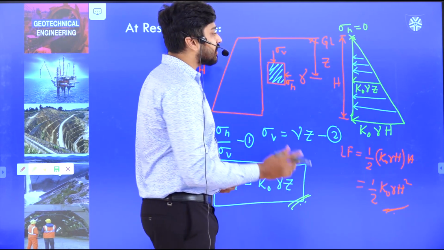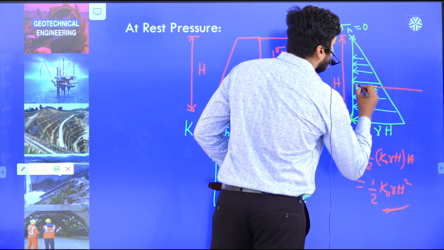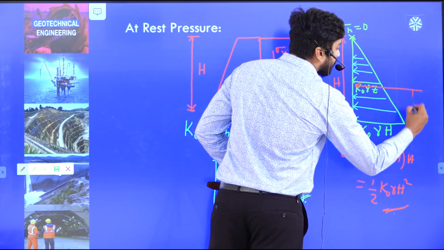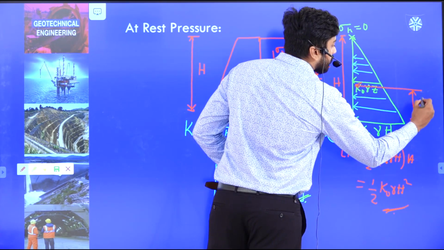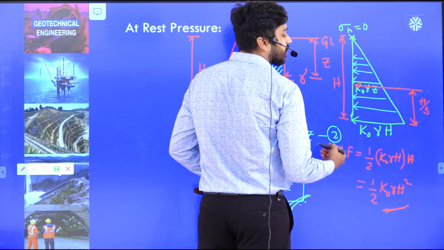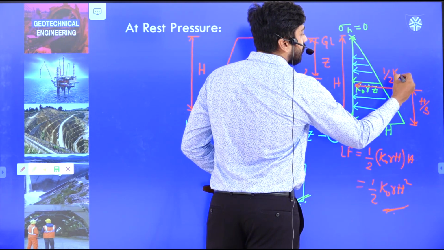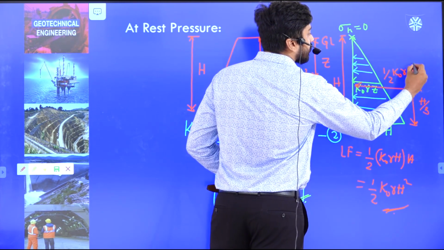For a triangle, the centroid is at a height of h by 3 from the base.